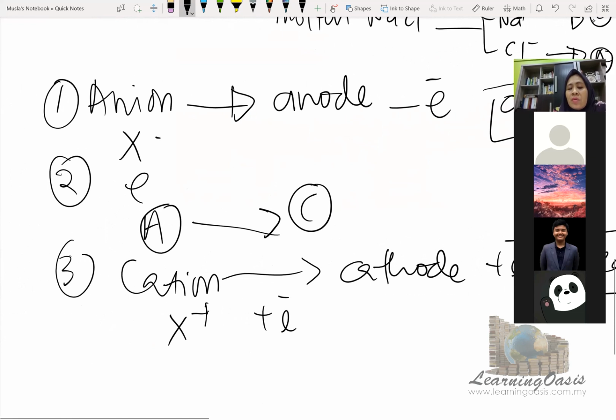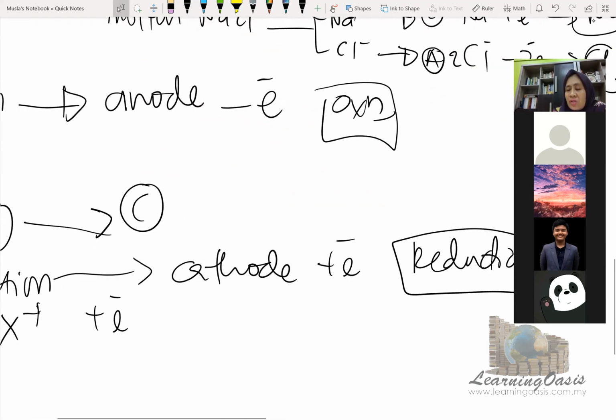So now you get that? So 3 things. An ion goes to anode, it releases electron. So therefore, oxidation happens at the anode. Electron always travels from anode to cathode. Cation gets attracted to the cathode and it gains electron, hence it's reduction.